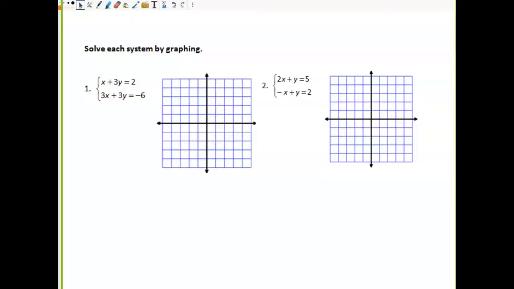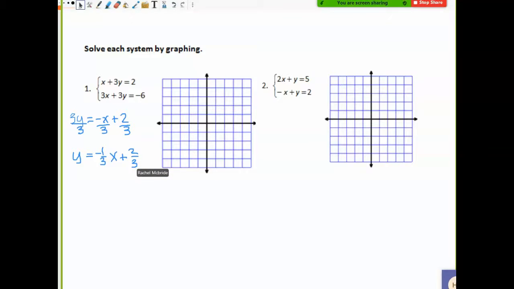So in example 1, solving for y, we get 3y equals negative x plus 2. Divide everything by 3, and we get y equals negative 1/3 x plus 2/3.